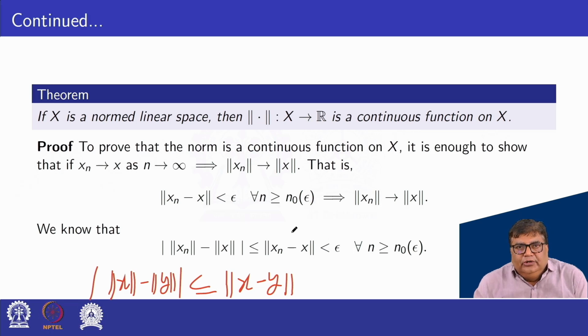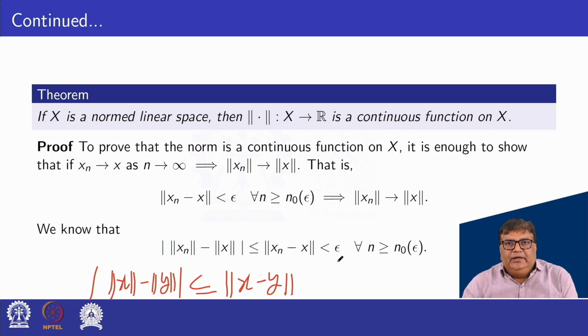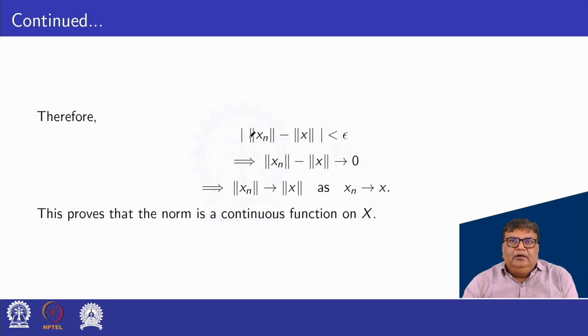So norm of xn minus x is less than epsilon for all n greater than or equal to n0. Therefore this quantity is less than epsilon, that is, the modulus of norm xn minus norm x is less than epsilon. This quantity tends to 0 as n tends to infinity, that is, norm xn tends to norm x as xn tends to x.